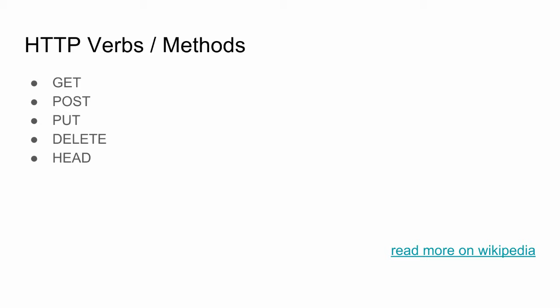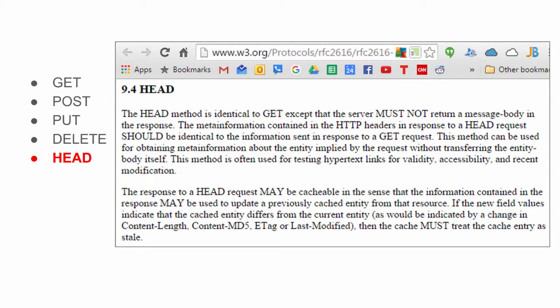Yeah, me either. So I looked it up, right? And here's the protocol. The HEAD method is identical to GET, except the server must not return a message body in the response. The meta information contained in the HTTP headers in response to a HEAD request should be identical to the information sent in response to a GET request. This method can be used for obtaining meta information about the entity implied by the request without transferring the entity body itself.